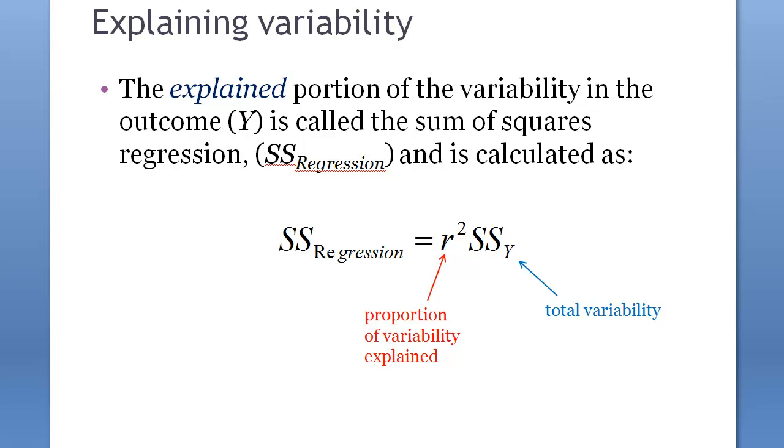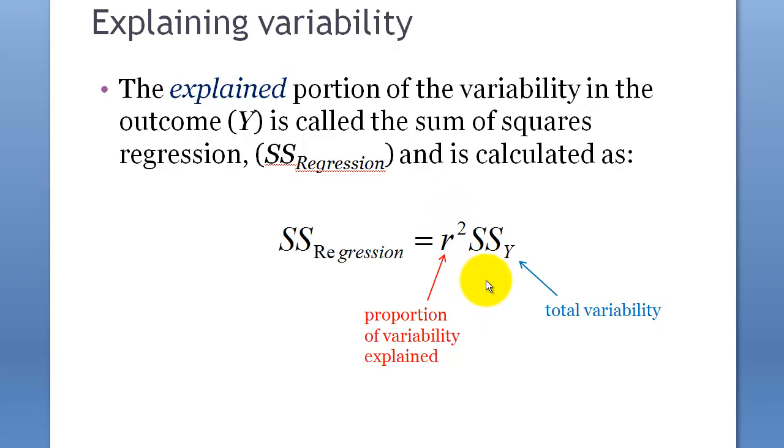The explained portion of the variability in the outcome is called sum of squares regression. R square is the percentage of all the variability that can be explained by this regression. Remember that correlation?